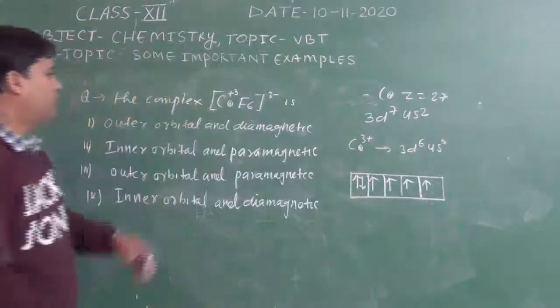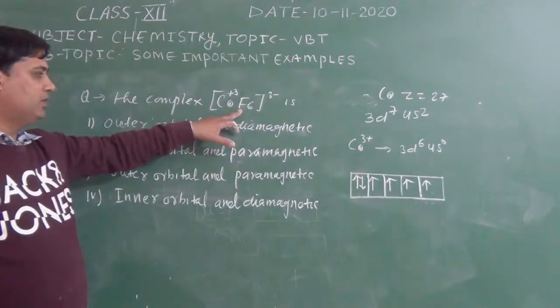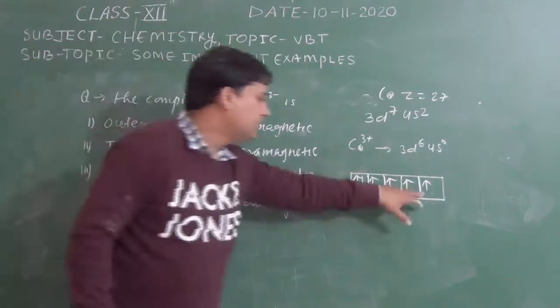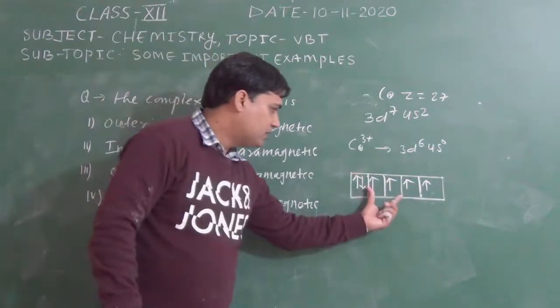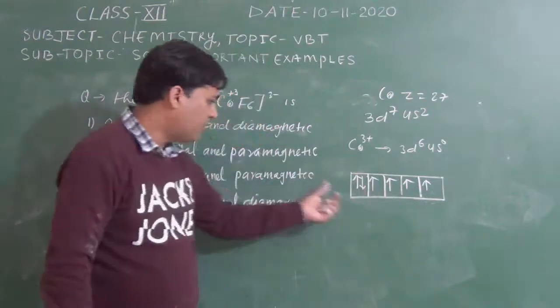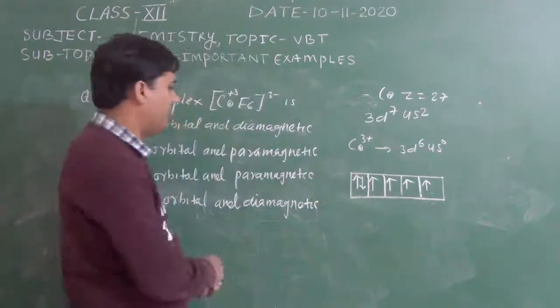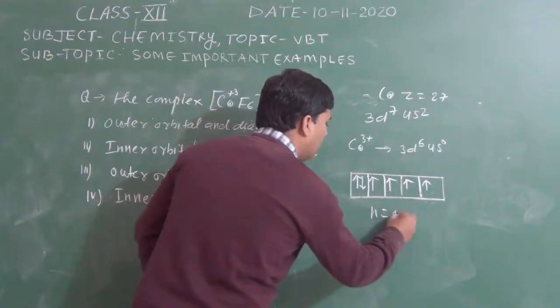Fluoride ion is a ligand which cannot pair the electrons in the orbitals. So the electrons are not paired, and the number of unpaired electrons is n equal to 4.